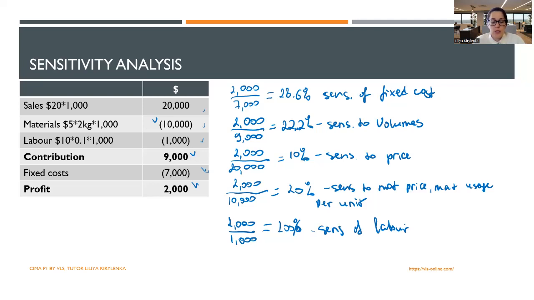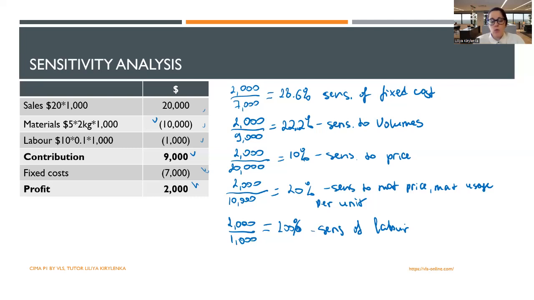So I will look at fixed cost and say, okay, so they are 7,000. And what's going to happen if my rent is going to be increased? Can it get increased by 28.6%? I do not know. So I will look at the calculations of rent and I will think about whether this is possible or not. So this is how sensitivity works. This is one way of using sensitivity.